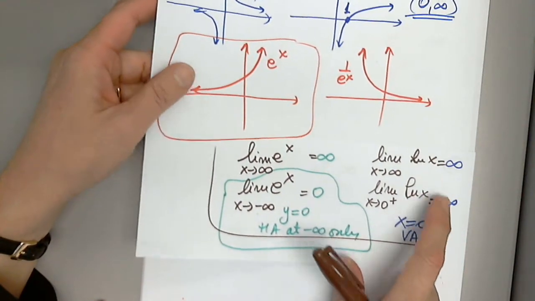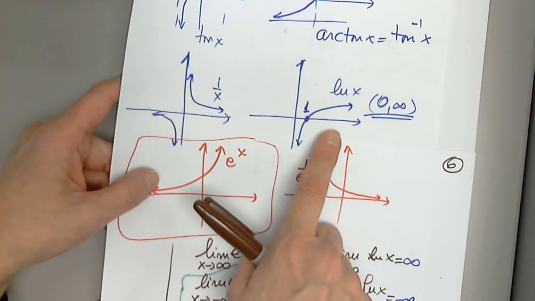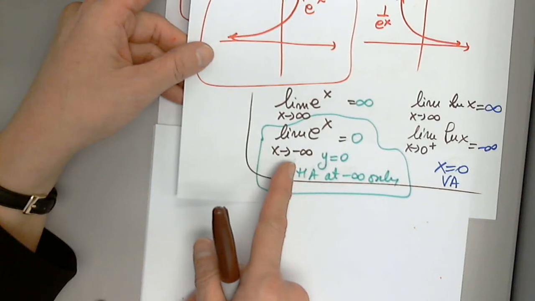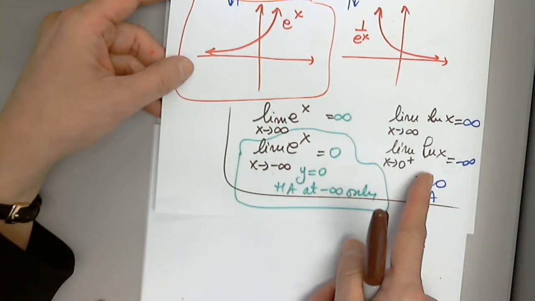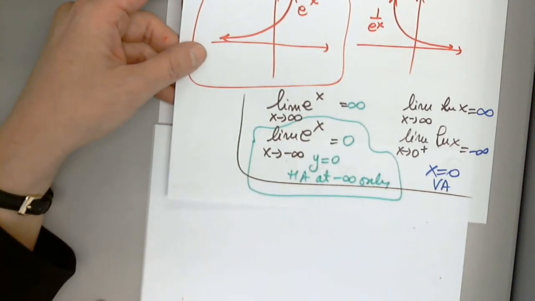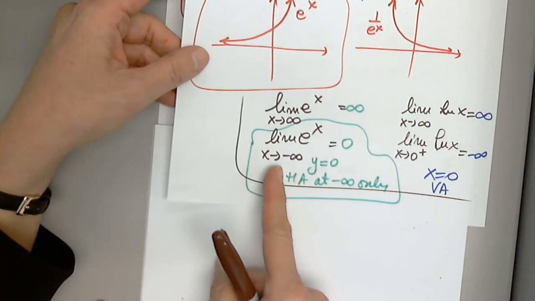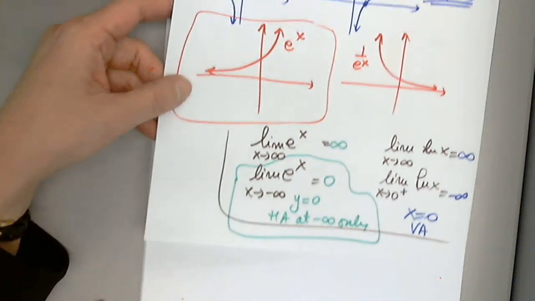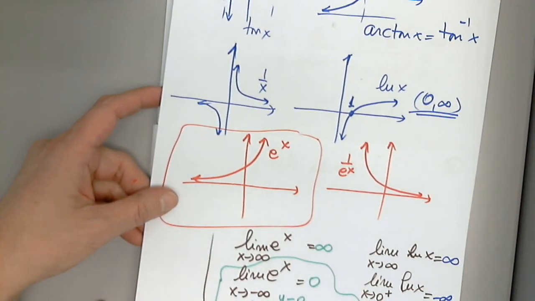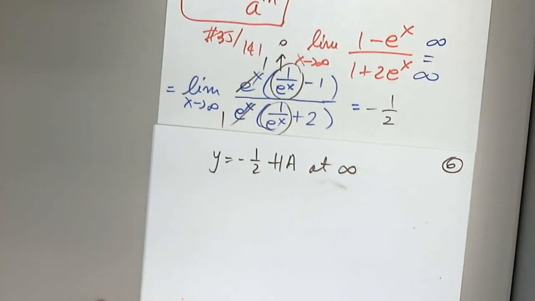This one for the limit, for the natural log, and this for the exponential. This one does not have a horizontal asymptote, but this one does. This one doesn't have a vertical asymptote, but this one does. So you should think of these two functions together. They are inverses of each other anyway. Very good question. Thank you.